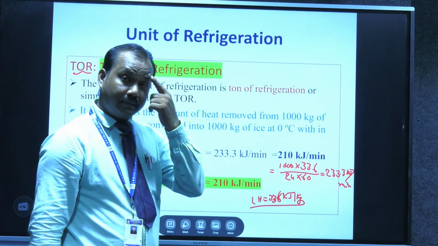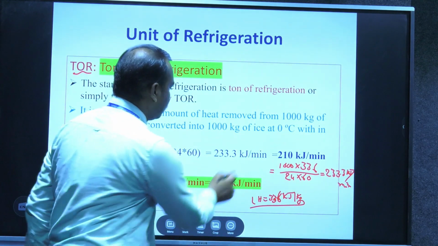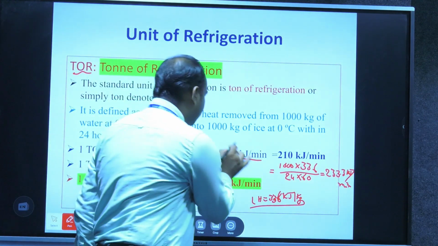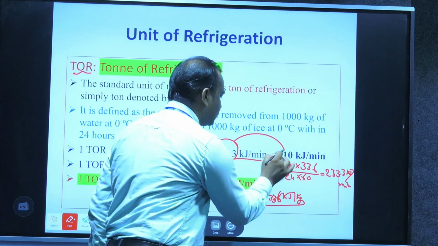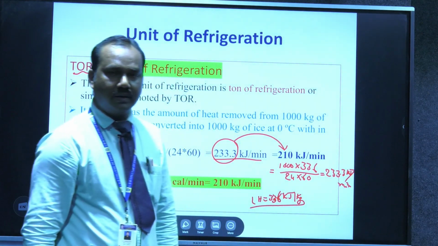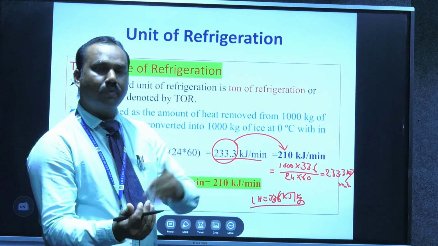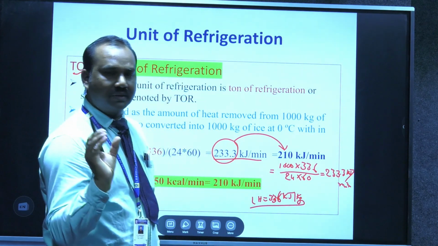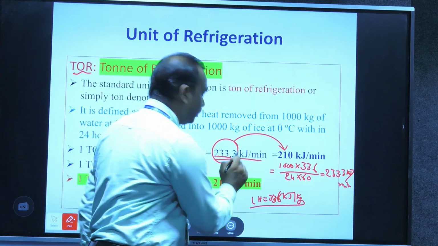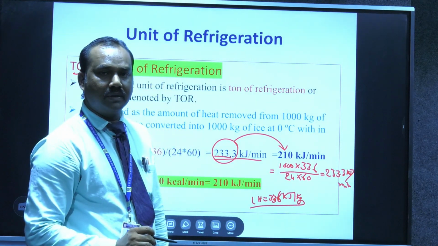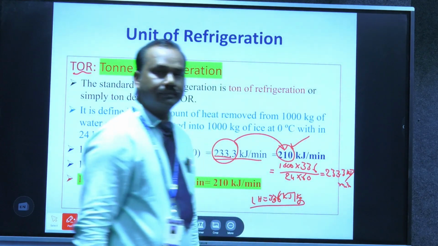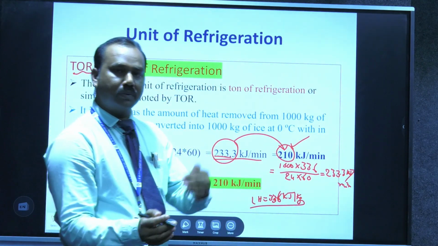Kilojoule per minute, right? So it is equal to 233 kilojoule per minute, and this value is rounded to 210 kilojoule per minute for simple conversion from one unit to another unit, right? The actual value of ton of refrigeration is equivalent to 233.3 kilojoule per minute, but it is rounded to 210 kilojoule per minute for a simple conversion from one unit to another.